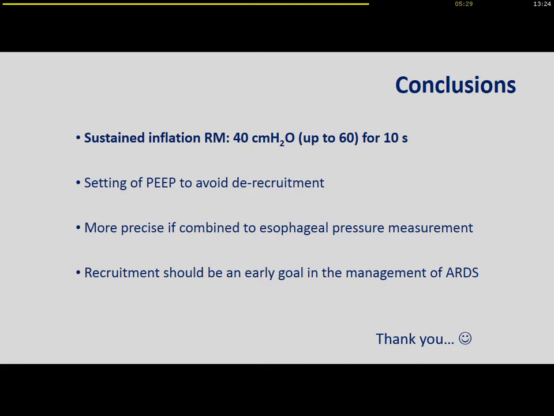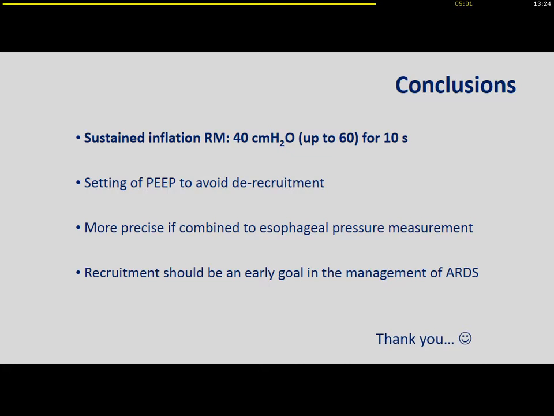Well, I'm probably less cautious than you about this, but yes, I think you are perfectly right. We should be very careful about hemodynamics during the recruitment. And what I learned is that if we look only at systolic arterial pressure, when systolic arterial pressure decreases, it means that the cardiac output has already decreased a lot.